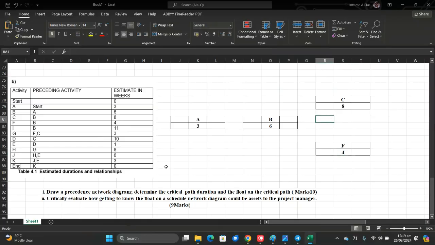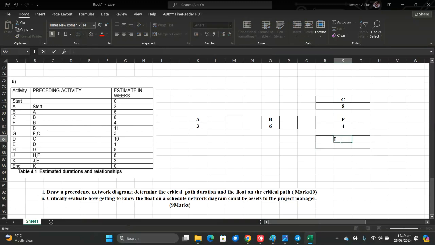Then we have B precedes I. So let me take this in the middle. B precedes I, and I is 11. All right.